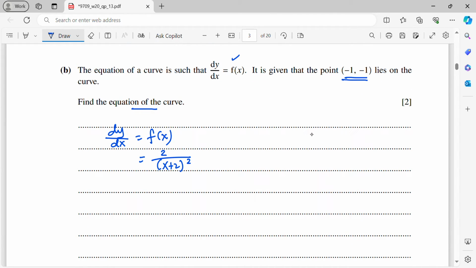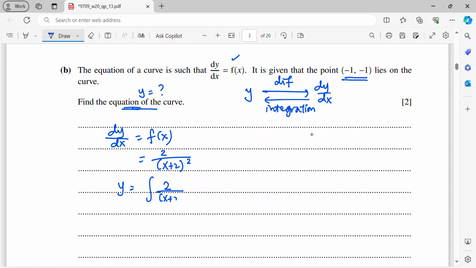Now to get the equation of the curve, basically you are getting the y. For your information, from y to get dy/dx, we differentiate. From dy/dx to get y, we are integrating. So from here, my y is the integral of 2 over (x plus 2) squared dx.